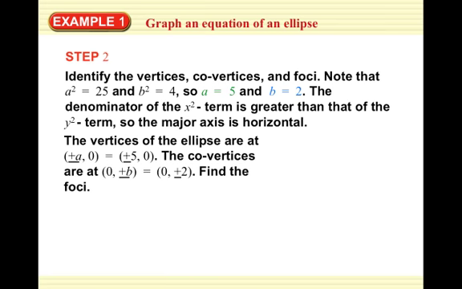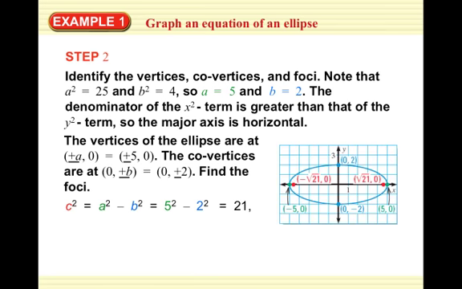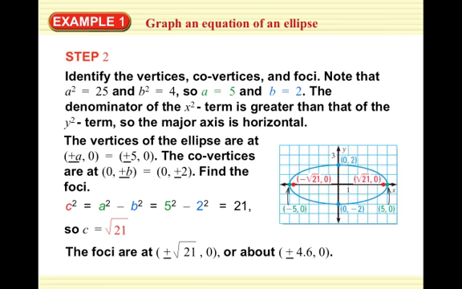And we need to find the foci, which means we need to determine c. C squared equals a squared minus b squared, so 5 squared minus 2 squared is 21. So c is the square root of 21. If you have your calculator with you, you can put square root of 21 in to get that it's about 4.6. If you don't, you need to think of the square roots of perfect squares.